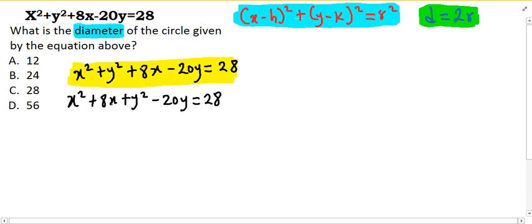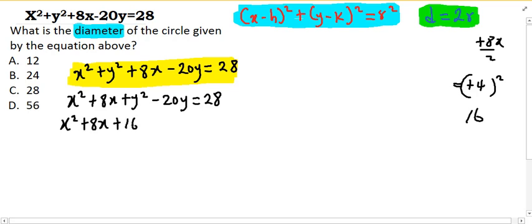So 8x divided by 2 gives us plus 4, right? Square it, that gives us 16. So we have that, and we're going to add it to both sides. So x squared plus 8x plus 16, and then 28 plus 16.